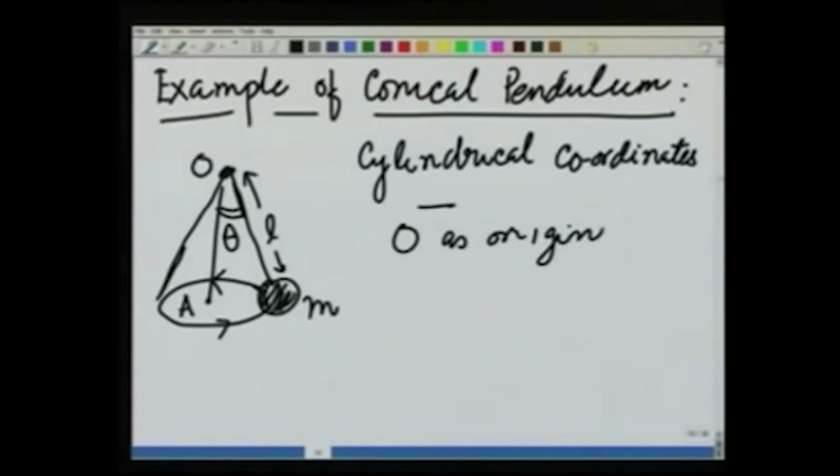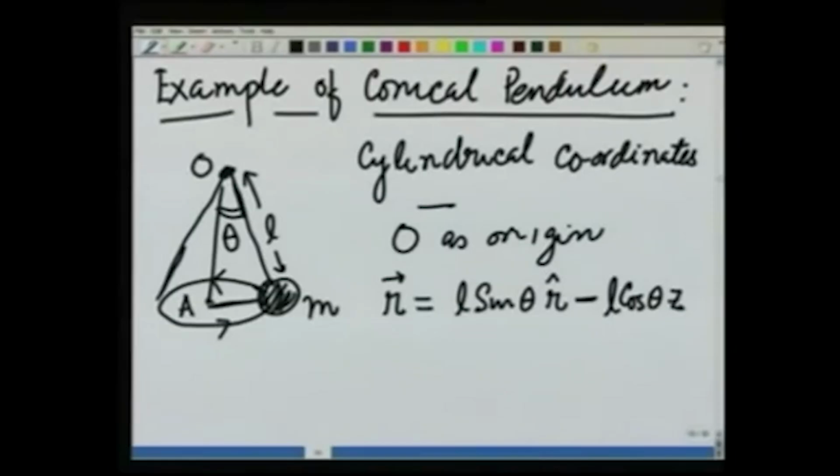In that case, the r vector for the ball is going to be given as L sin theta times r, remember, r unit vector is the radial unit vector in cylindrical polar coordinates, minus L cosine of theta z.